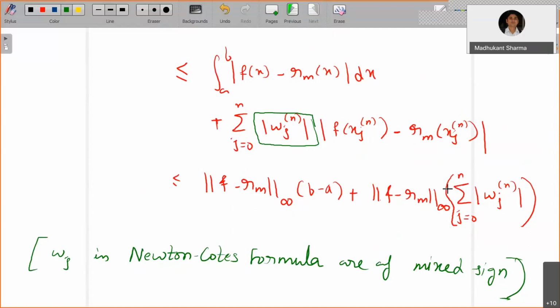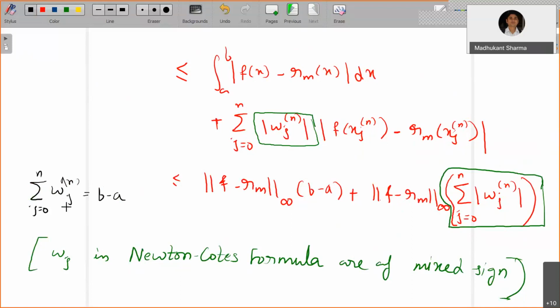Now see, this term will not be bounded, since we know the summation of w_j^n is b minus a, but they are of mixed sign.